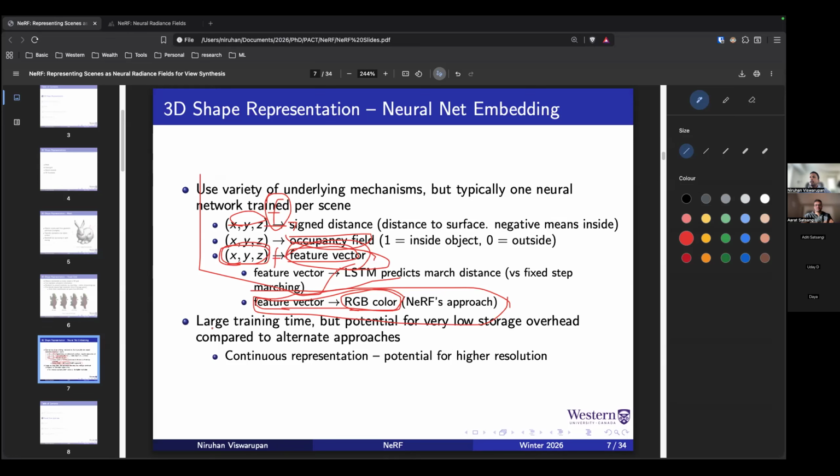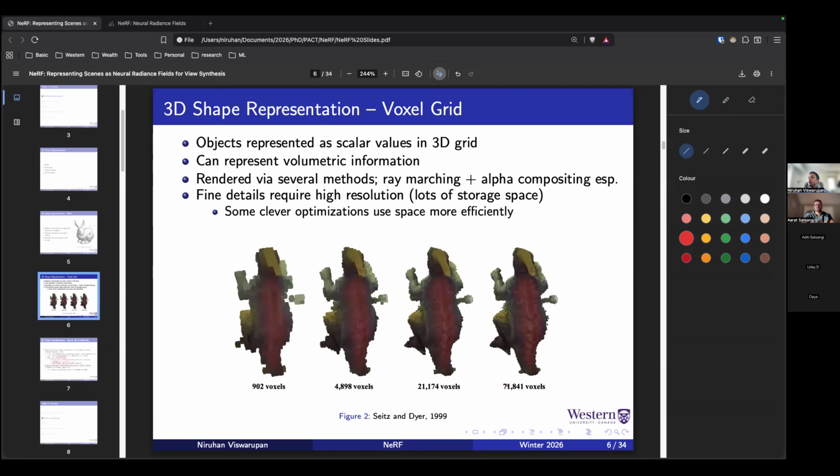One thing is that this NeRF neural network based storing of 3D representations requires large training time. We need to spend a lot of time training the neural network to overfit and memorize that scene. But then the storage is low. The neural network learns to store this 3D information in a very compact manner. To get a fine representation with voxels, we need a large number of voxels, and the number of voxels blows up in a cubic manner.